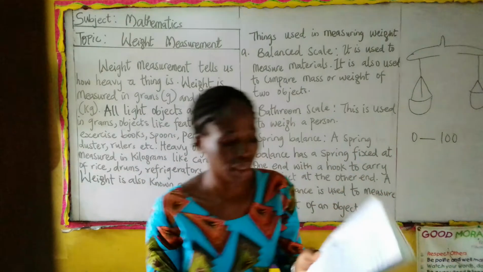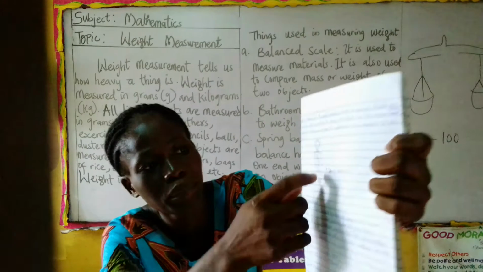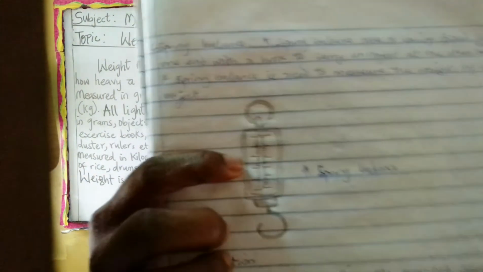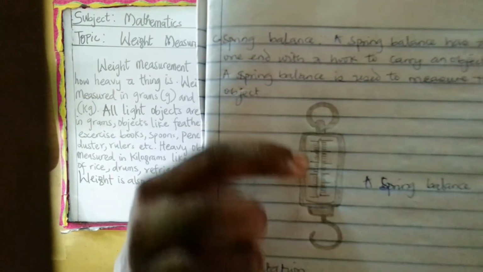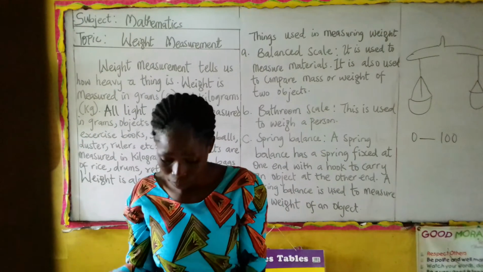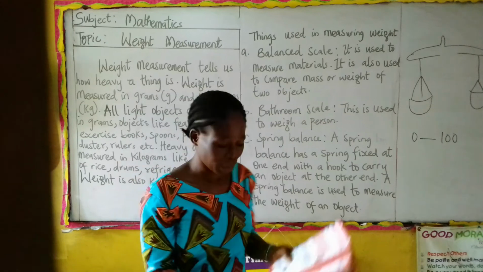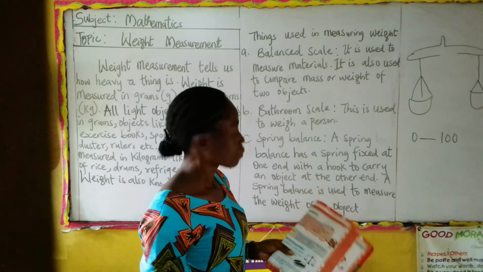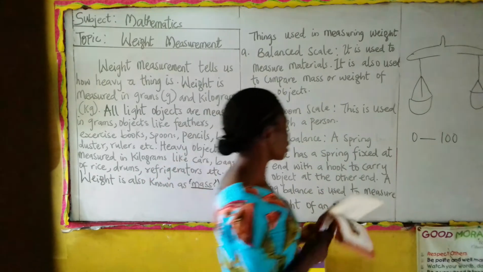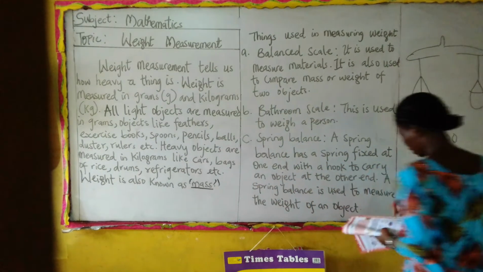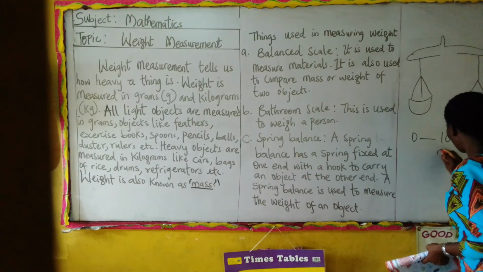Okay, let me show you here. You see this where I put some countings, maybe like measurement on a ruler. You see some lines here. You start from 0, okay? Once that object is laid on the spring, you discover that it will display on it something like this.